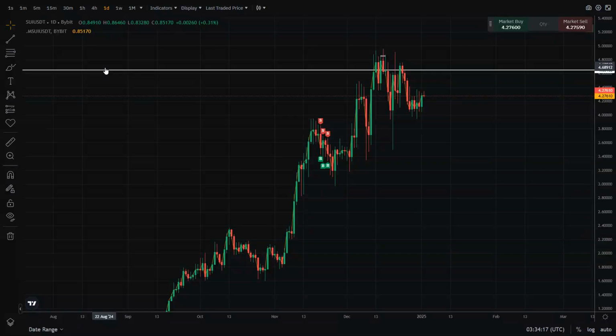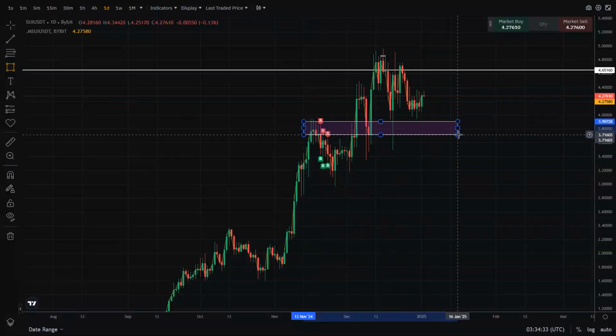The first thing is that you recognize your support and resistance areas. So this is the first rule. Draw out those areas.